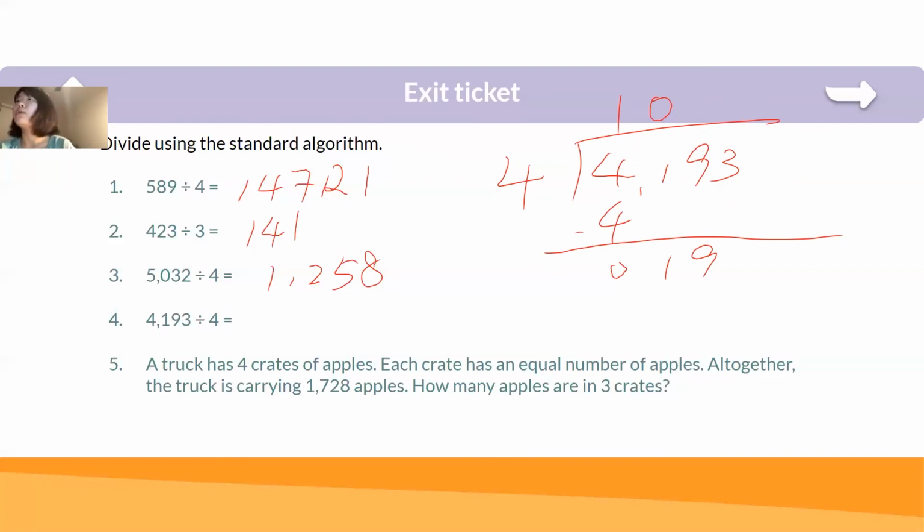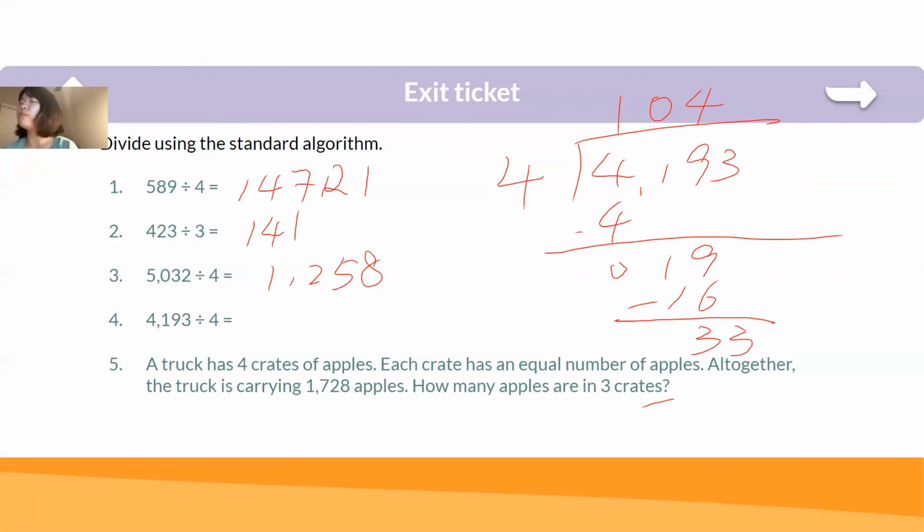And we can do 4 times 4, 16, 4 times 5, 20. 20 is too large. So let's put 4 right here. 16, 19 minus 16 is 3. 3 is less than 4. Okay, we're doing great. And 3 tens move to the ones place, then gives us 33.